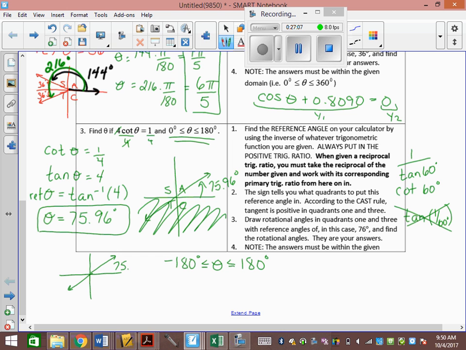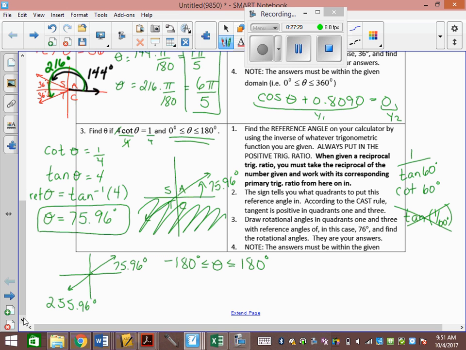So 75.96 degrees, which falls in there. Yay. The other one would have been 255.96 degrees, which does not fall in there. But if I take 255.96 and I subtract 360 from it, I get negative 104.04.